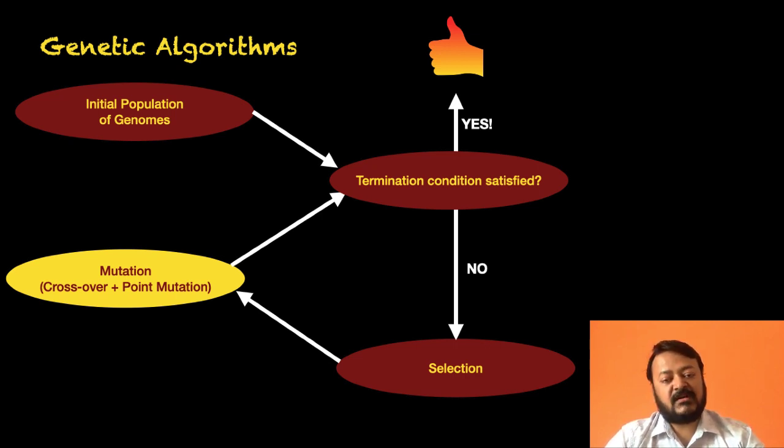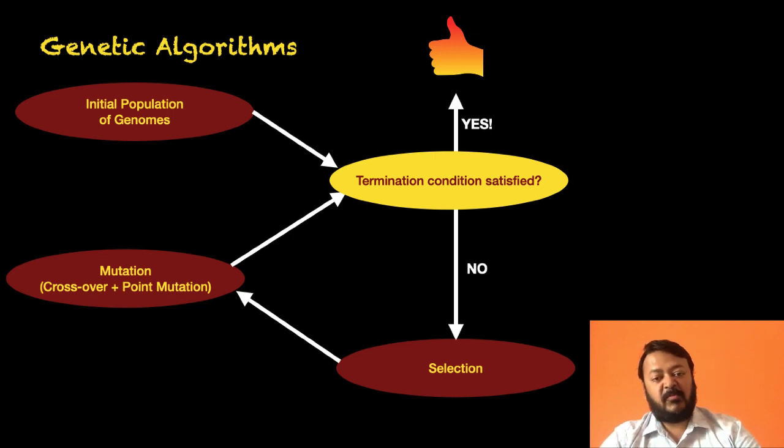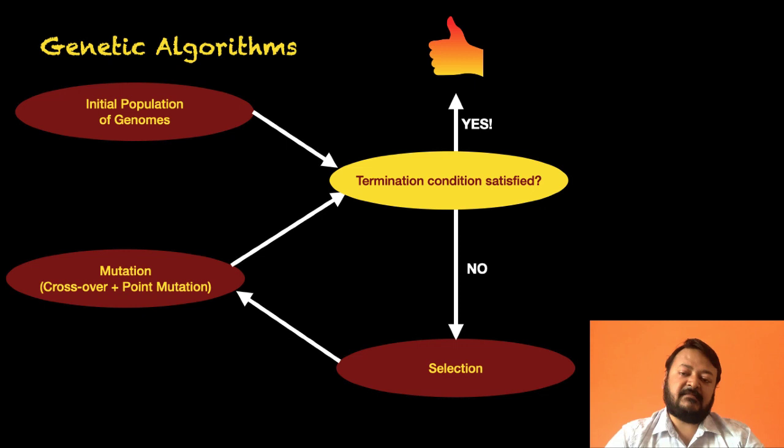You do these two steps for your genomes, and then you again check the termination condition, that is, have you satisfied your condition, which can again be of various types, as I just mentioned. So if your population satisfies your termination condition, then you stop your algorithm, but if not, then again you go to the selection step, and this process continues till you are satisfied with the result you get.